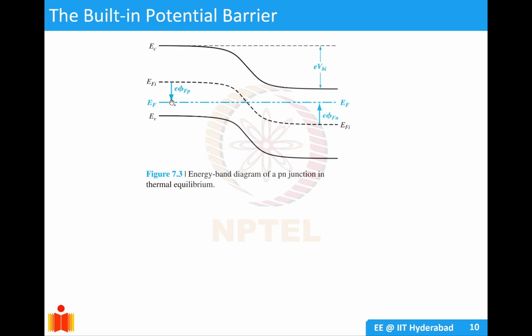And you can see that away from the junction, your individual band diagrams look similar to earlier, with the same phi FP and phi FN gaps as earlier.